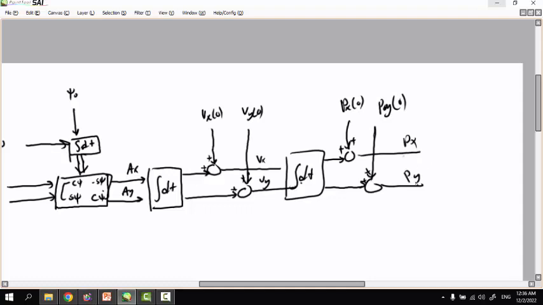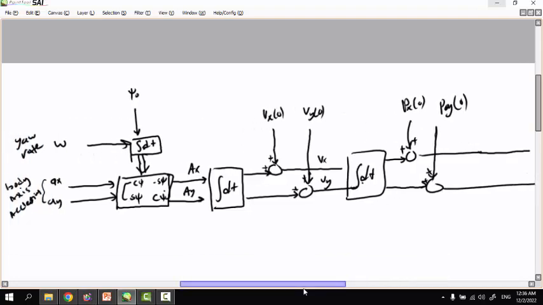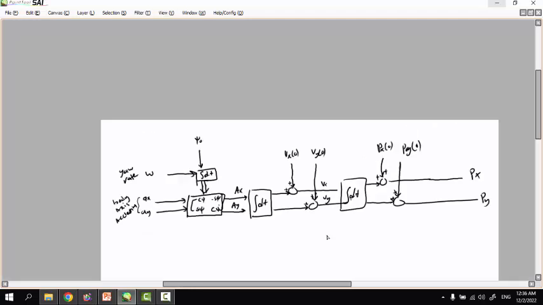Let me extend this a little bit. Here we have Px and here Py. These are the initial conditions for position, this is the initial condition for velocity, and this is the initial condition for the yaw angle.